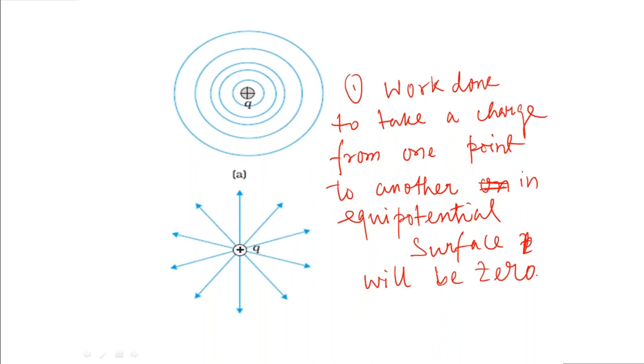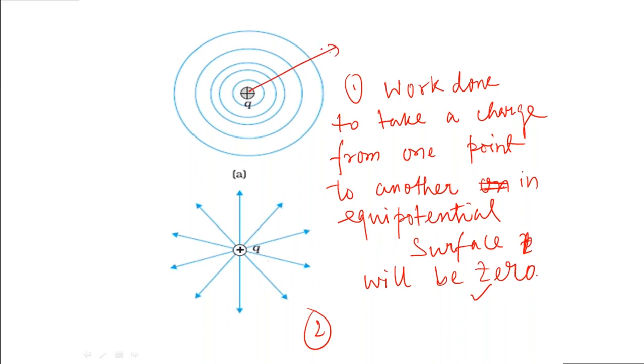And one more point, look here. How will the electric field be? So this is the first property. The second property: if I draw electric field lines, they are radially outward. What is the angle at this point?